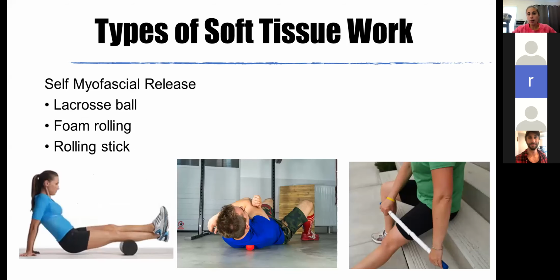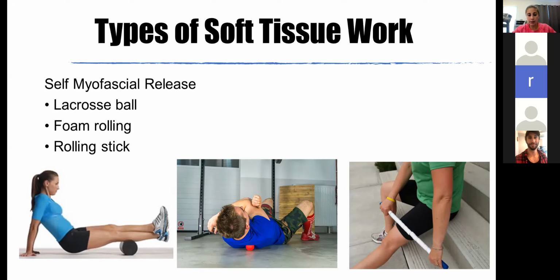So now we want to try to release some of that tension and the fascia before we exercise. We have different tools we can use, right? The ones that you're probably familiar with now are the lacrosse ball and the foam roller, and there's a lot of other tools out there. If you take a look at the image on the right, we see a rolling stick.